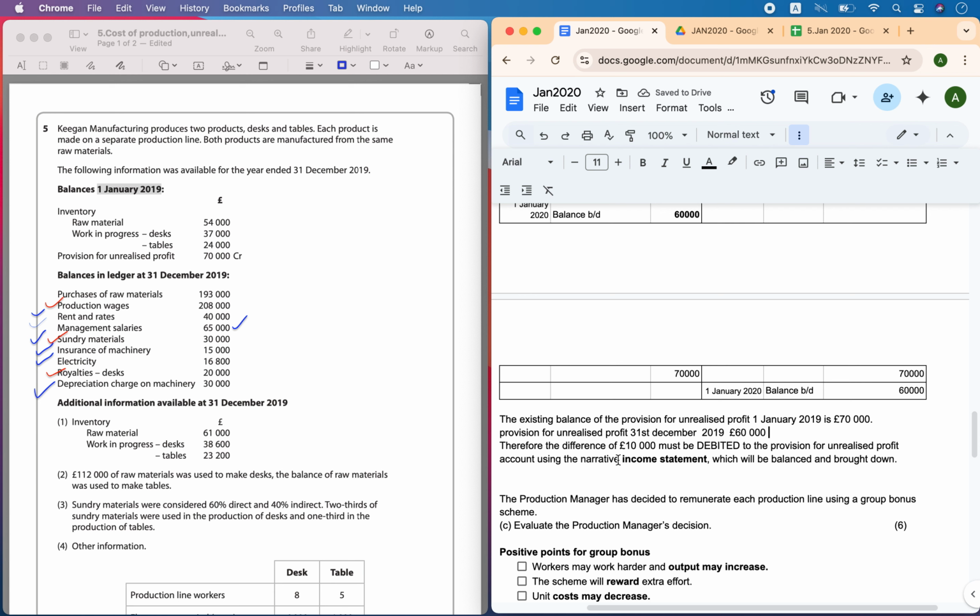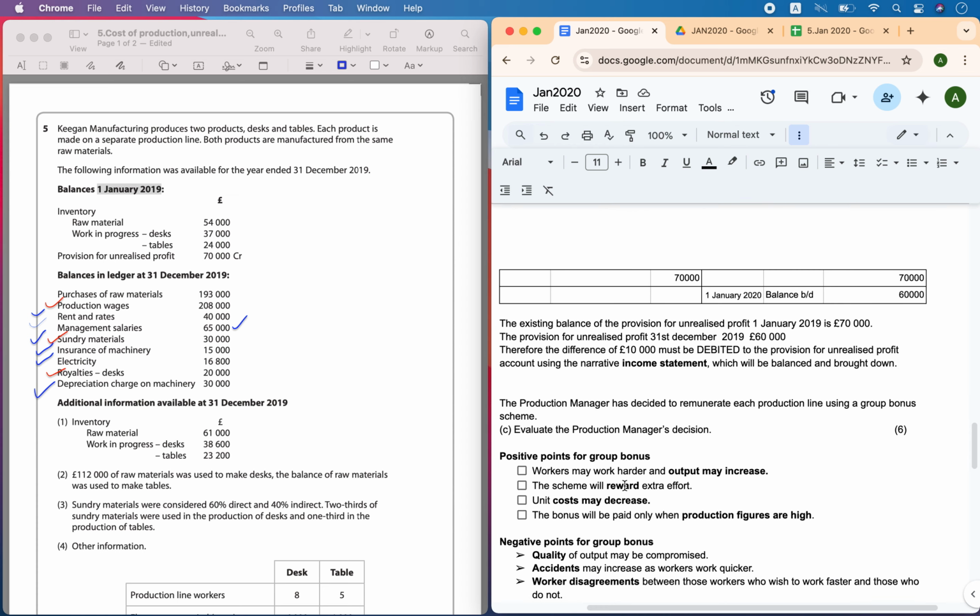Therefore, the difference of 10,000 pounds must be debited in the unrealized profit account, with the narrative income statement, and this has to be balanced and brought down. So this has been done and explained.